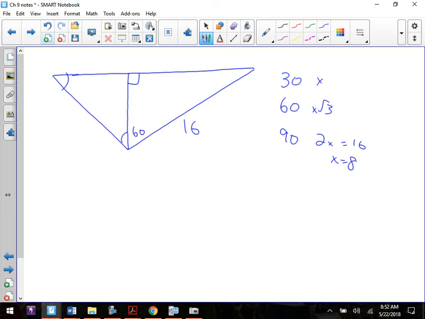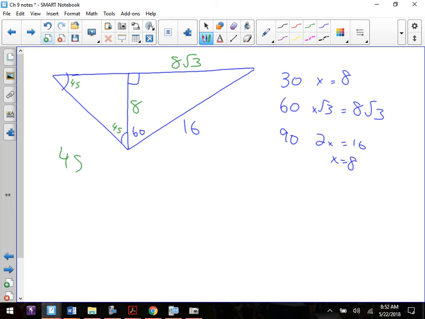Which means everywhere I see an x, I'm going to replace it with 8. So across from the 30 is 8. Across from the 60 is 8 root 3. So I start filling that in. 8 root 3. Which means over here, these are my 45s now.